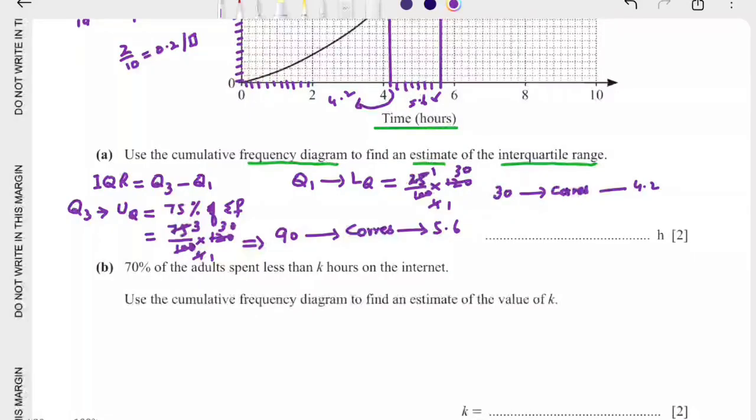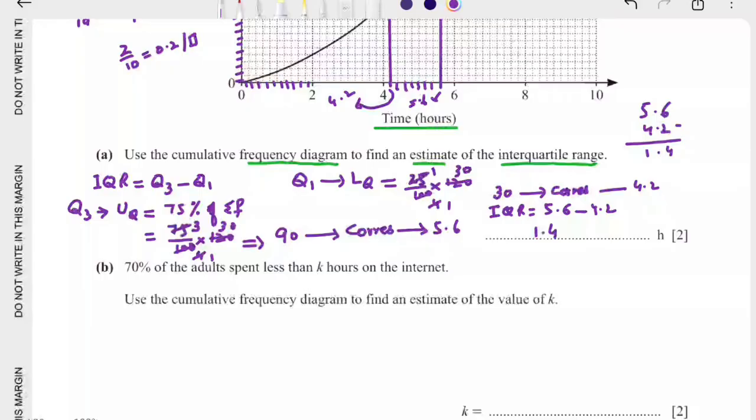Now the interquartile range is the difference between Q3 and Q1. So that would be 5.6 minus 4.2. We are going to subtract it. 5.6, 4.2. 1.4 would be the final answer.